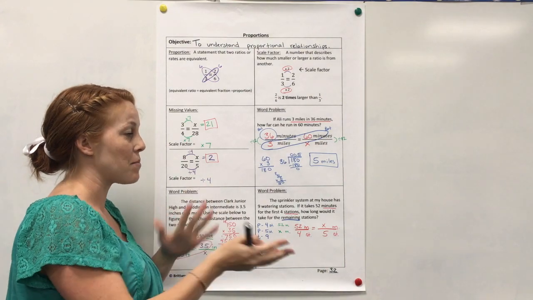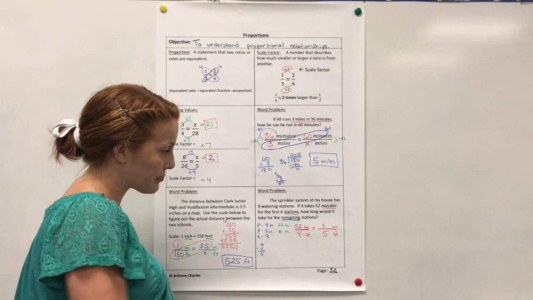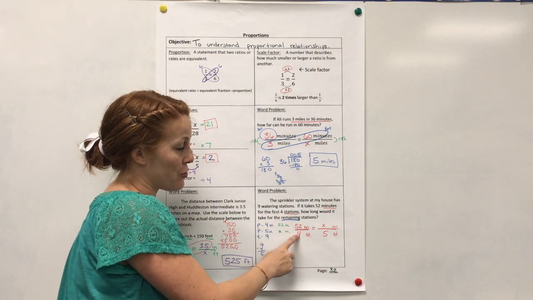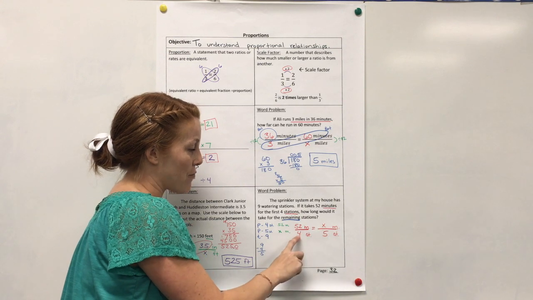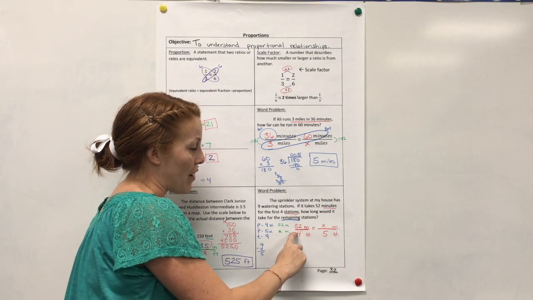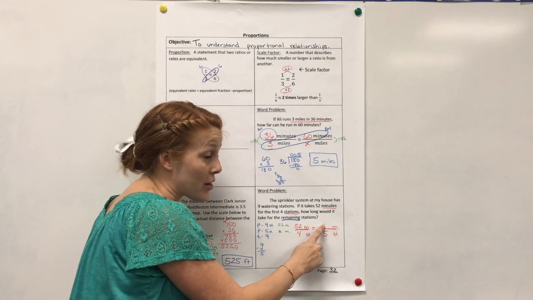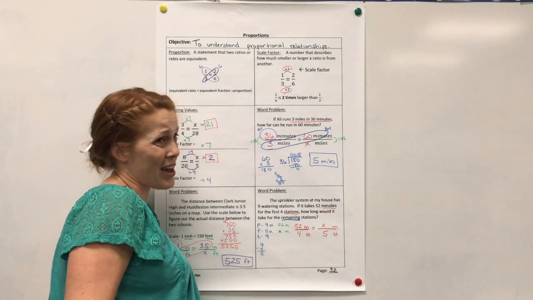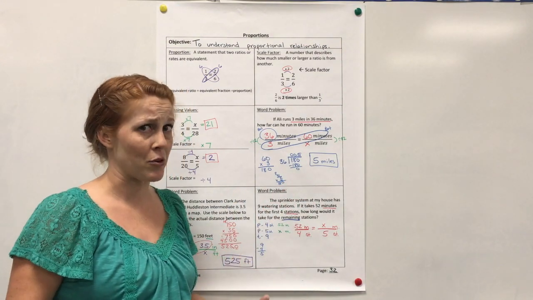Again, I'm going to make some observations before I actually solve this. 52 is larger than 4, so I know this is definitely larger than 5. And from 4 to 5, 5 is a little bigger than 4, so I know that this should be a little bigger than 52. So if I get something really big or smaller than 52, I know I did something wrong.